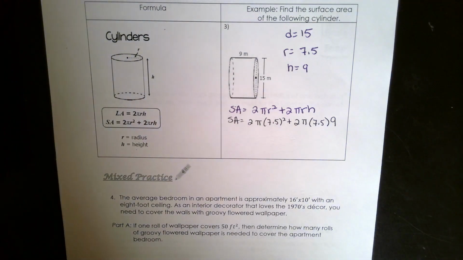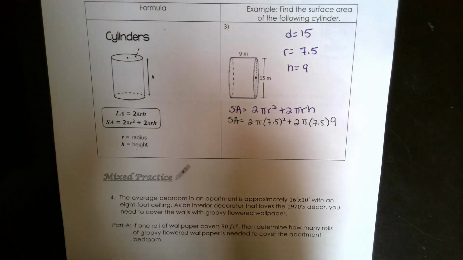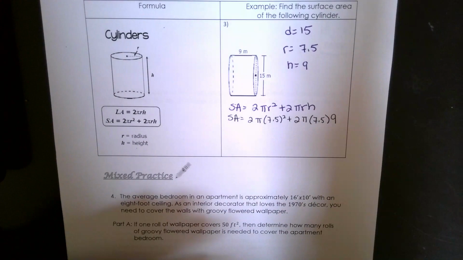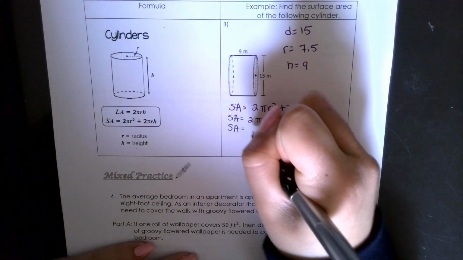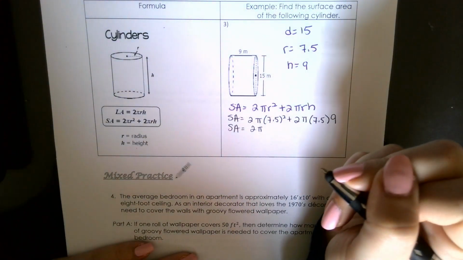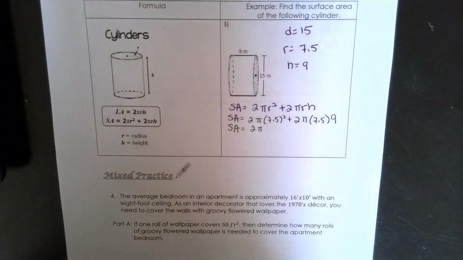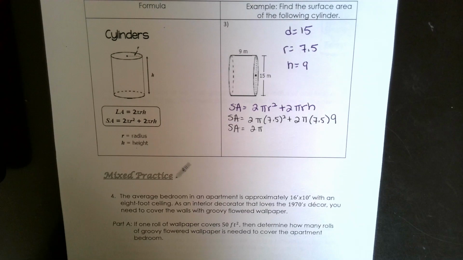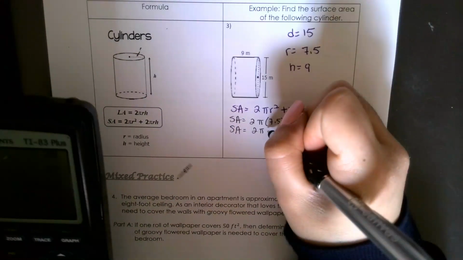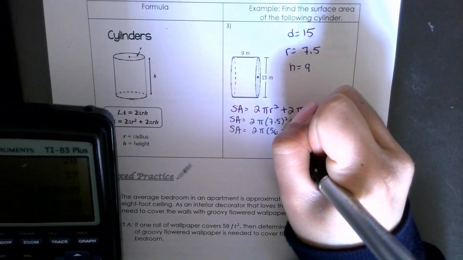Alrighty, so order of operations, I'm going to do my exponents and then multiply. We have 2 pi, so 7.5 squared is going to give me 56.25.